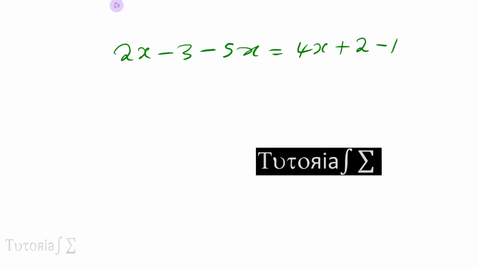So try to solve this one. Remember, what you're using is BODMAS. So just pause and try to solve it, then you can play it. Then I will show you how you're supposed to solve it.